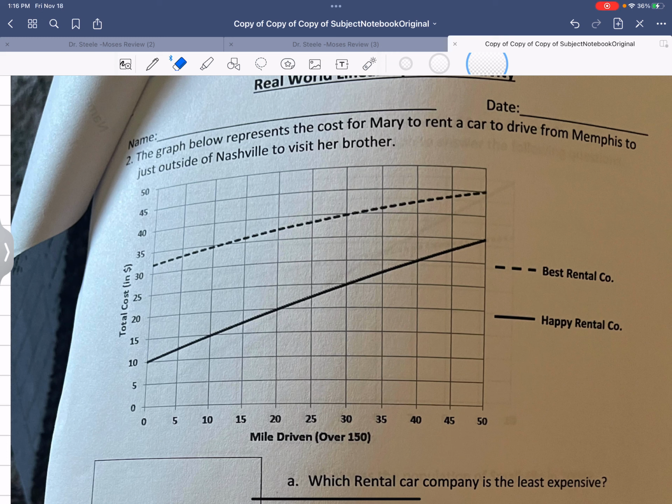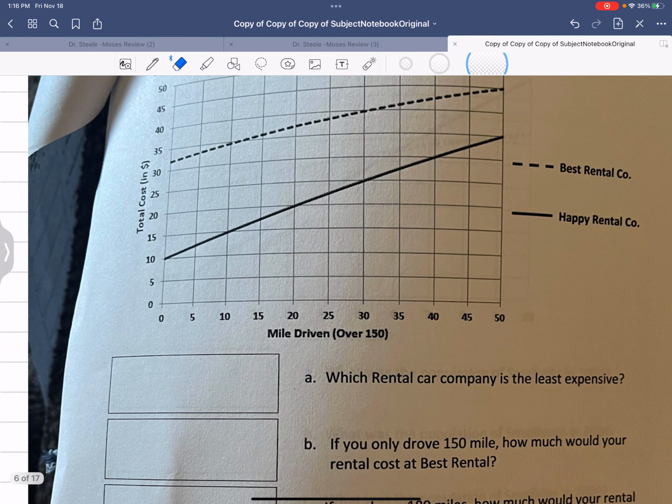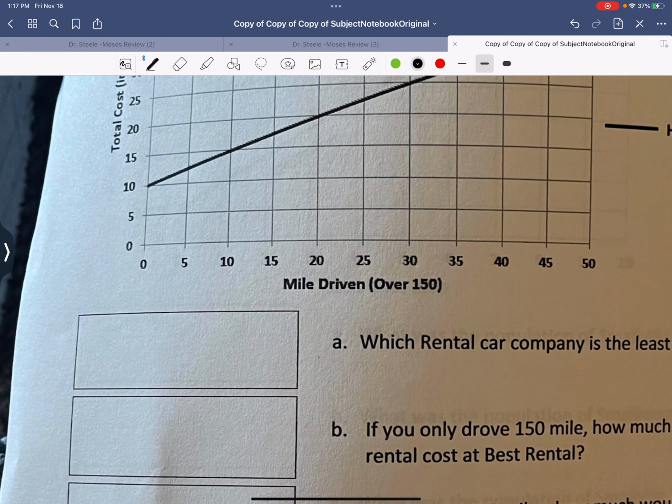Over on the y-axis, they're showing me the cost in dollars for these rentals. And at the bottom, they're showing me the miles driven over 150. Now that's important. When you look at this bottom row and you see a 0, that doesn't mean that 0 miles were driven. It means that 150 miles were driven. The graph is just showing us everything over 150.